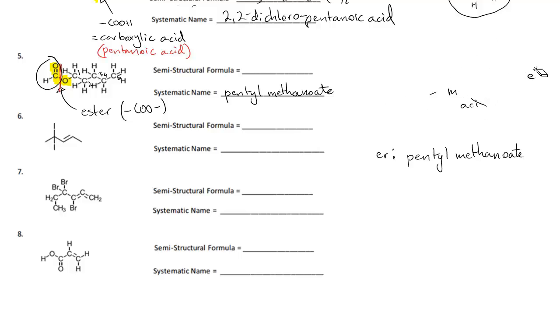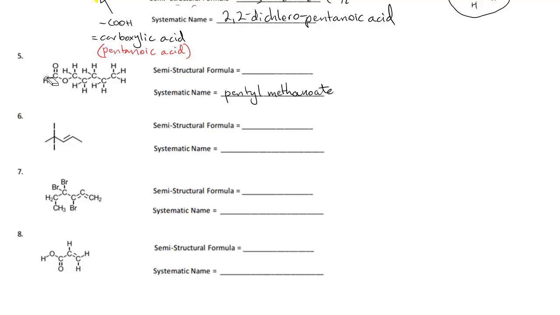Okay, so then the actual semi-structural formula, the way we will work that one out, I'll just make some more space by getting rid of all of this. And let's have a look at how we can provide the semi-structural formula. So we'll just start with this hydrogen first, H, and then we know we have a COOH group, so I'll just write it as COO.